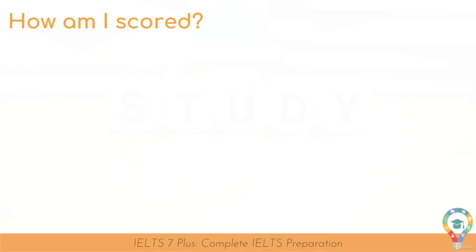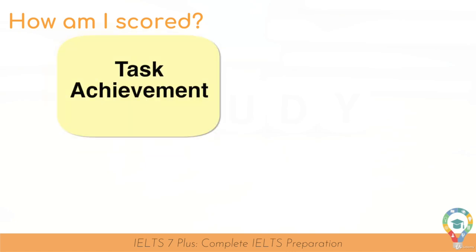So, as with task 1, the band descriptors have 4 sections, the first one being task achievement. Task achievement basically means how well you answer the question. For example, if your essay doesn't answer the question given, you'd score very lowly in task achievement.